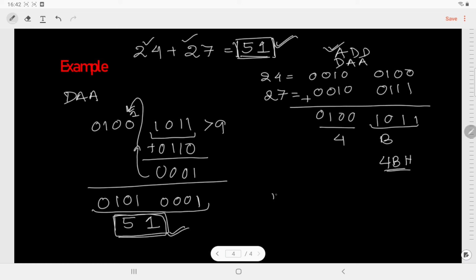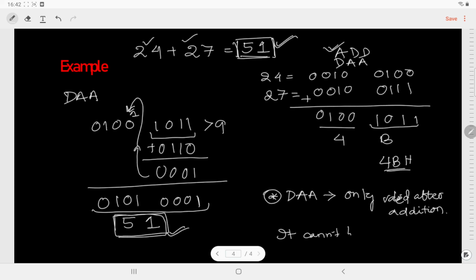One thing we should keep in mind is that the DAA instruction is only valid after addition, and we cannot use the DAA instruction after subtraction.